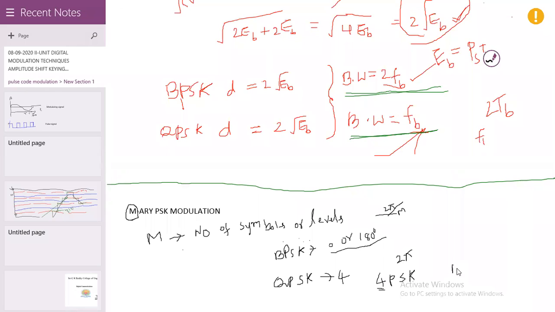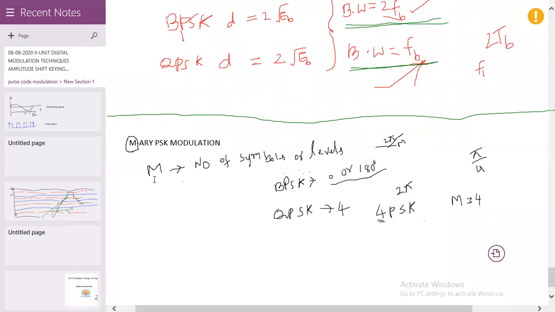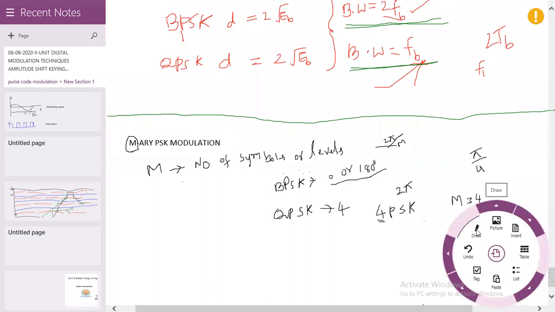That means M is equal to 4. We divide the angle into pi by 4 portions, so the carrier is at 45 degrees and there is a 90 degree phase difference from symbol to symbol.